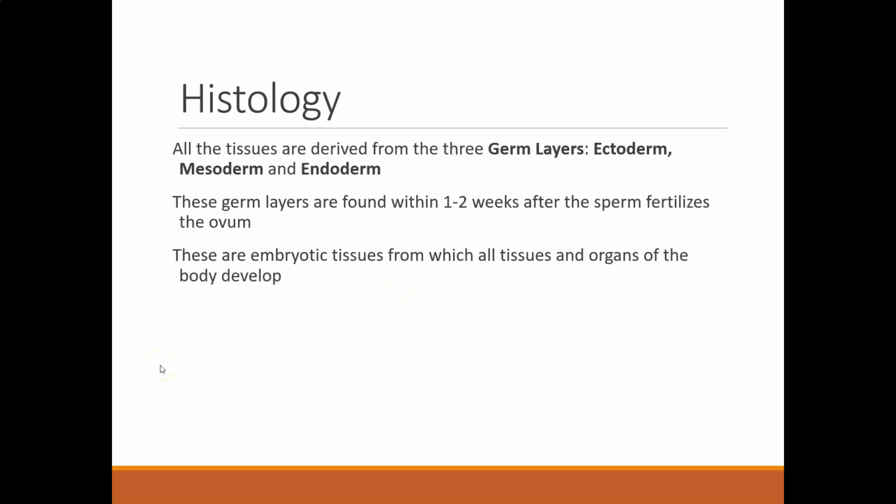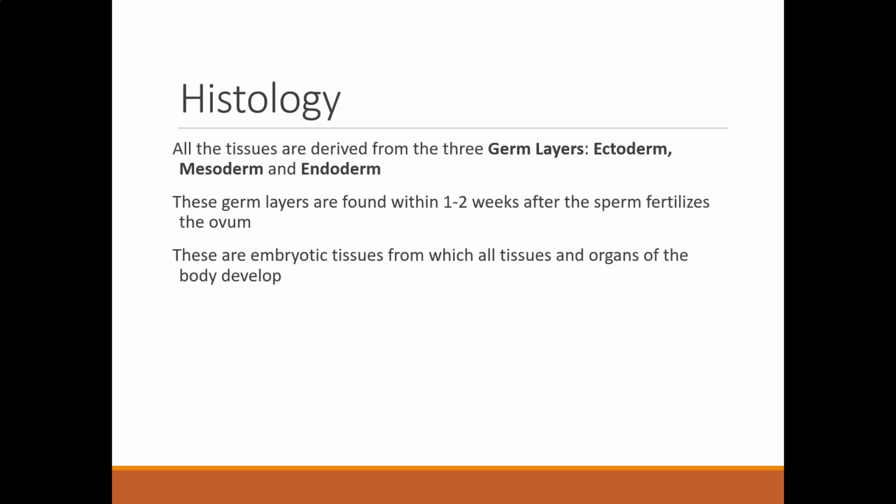When we look at where tissues came from, and when we look at our development, when the sperm and the ovum get together and the ovum becomes fertilized, of course, cellular division starts to happen.